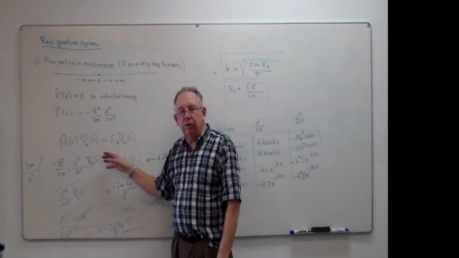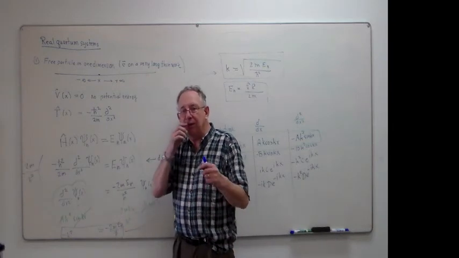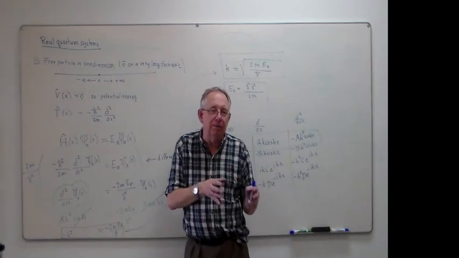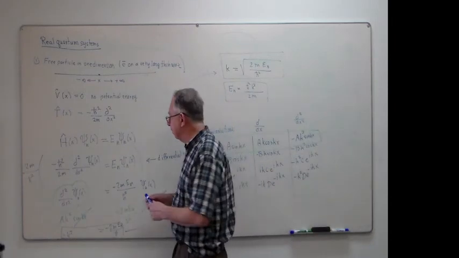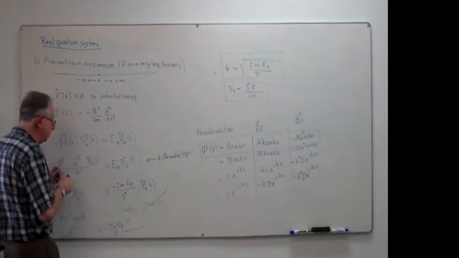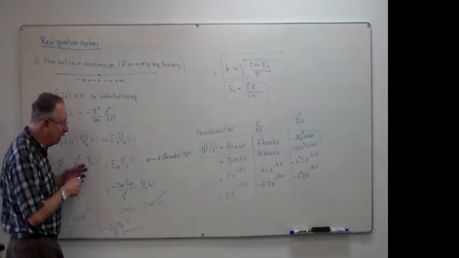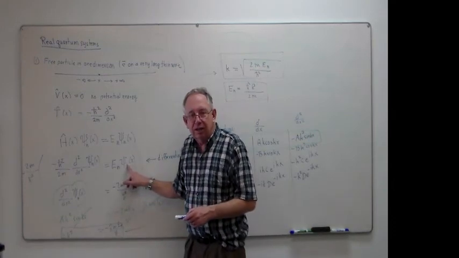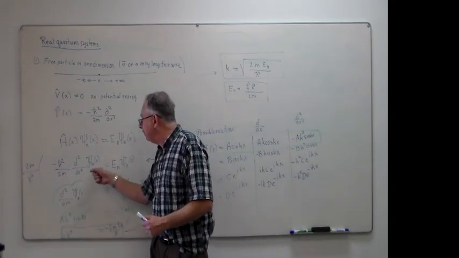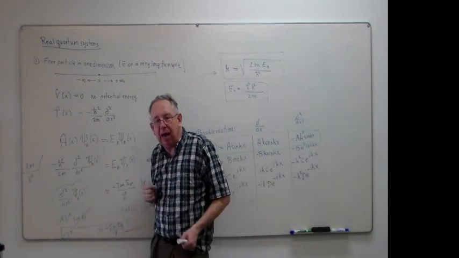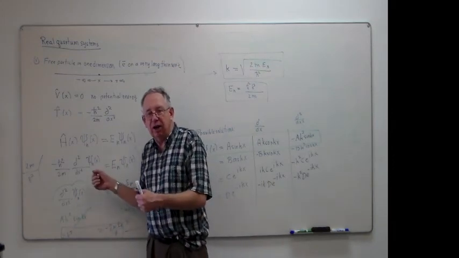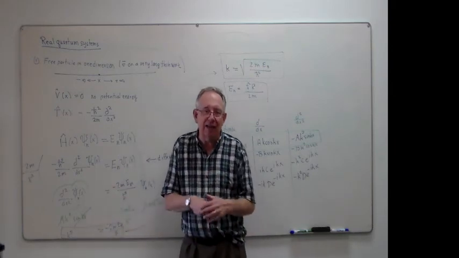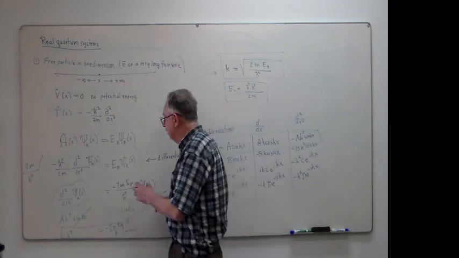I've got to choose wave functions whose second derivatives are a constant or a bunch of constants times the function itself. Because I'm going to take the second derivative, multiply by some things on the left-hand side of the equation, and I'm going to have the function itself on the other one. So I have to have that second derivative kick me back the wave function itself, multiplied by some constants. I have no choice. That has to happen. Okay, I understand.